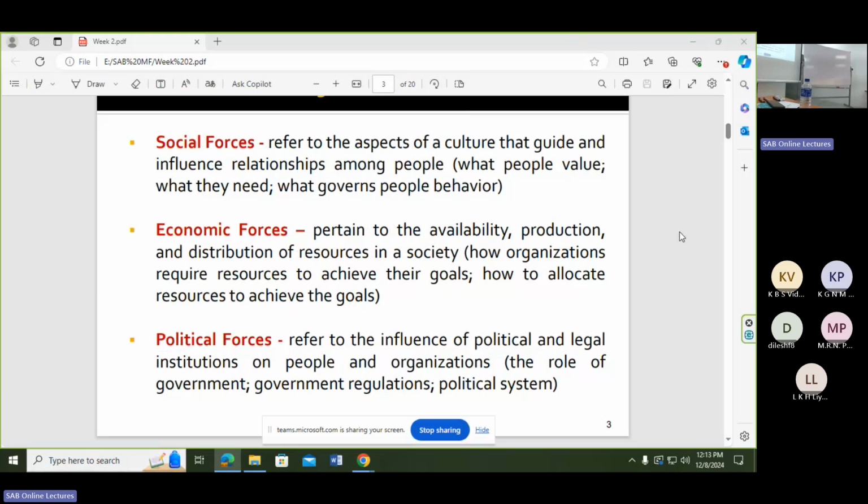Last one: in making decisions, it is a matter of considering political influences also, or the legal laws and statutes, which are much considered by the government, and other regulations and political systems.